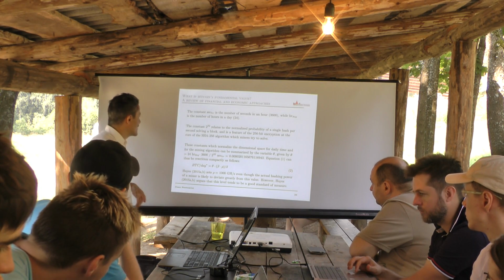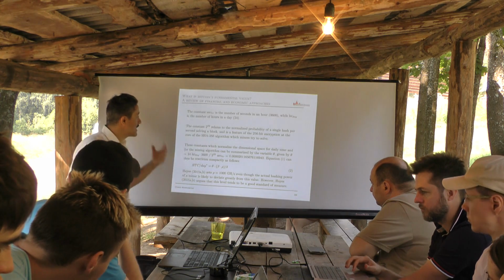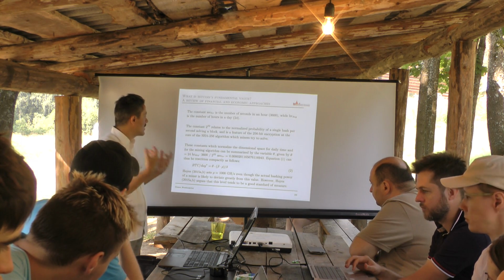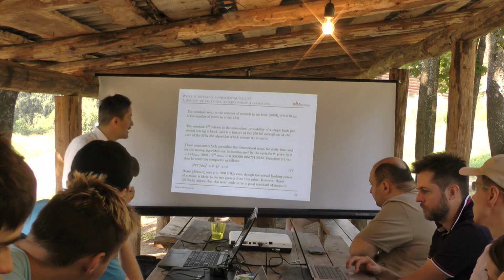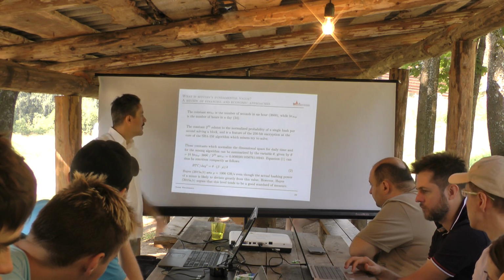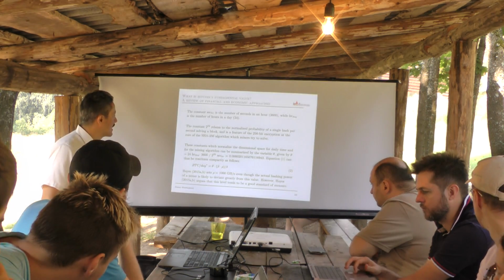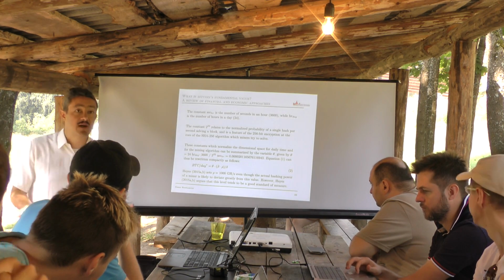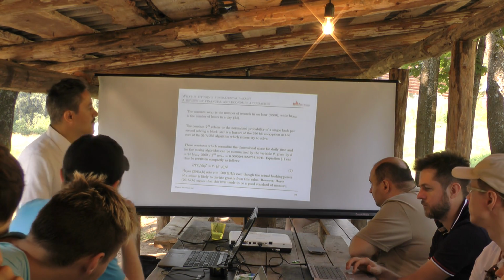So here is just what I told you. To understand it, this is the normalized, standardized probability of a single hash per second solving a block. It's a property of the SHA-256 algorithm. Of course, if you use a different algorithm, it's a little bit different.